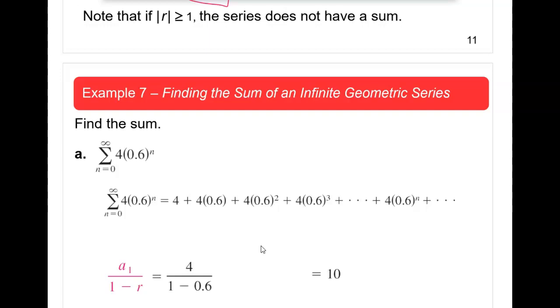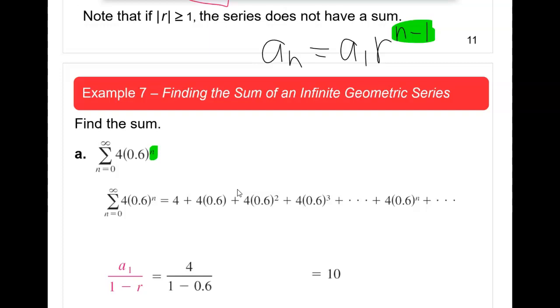So let's find the sum here of 4 times 0.6 to the power n. And what we're doing here is, since we don't have the geometric form that tells us the first term is found by r to the power n minus 1, since we don't have that, we actually have n instead.